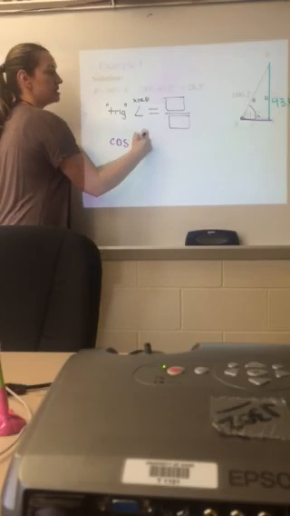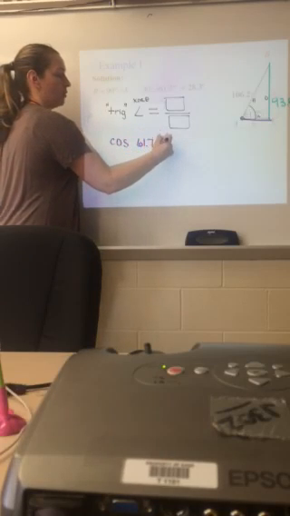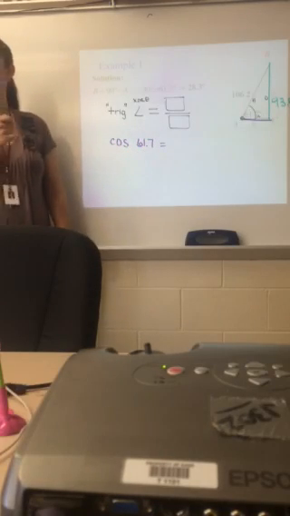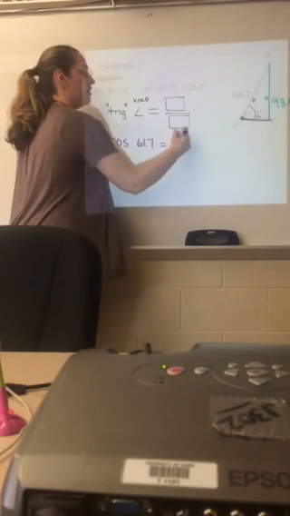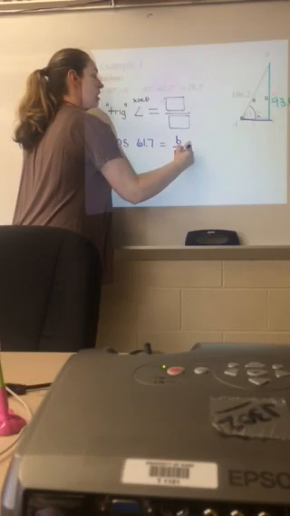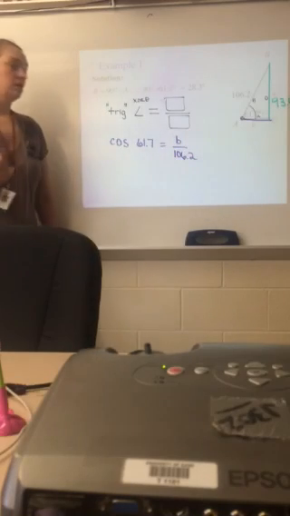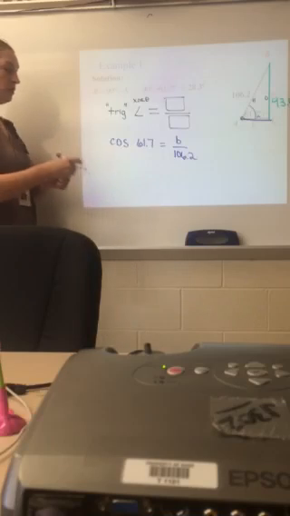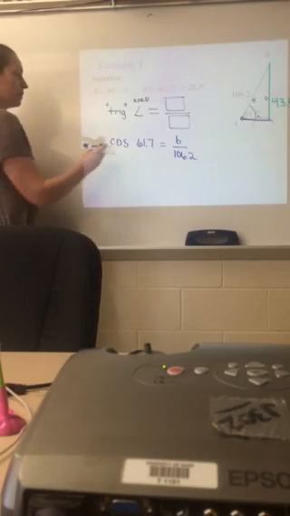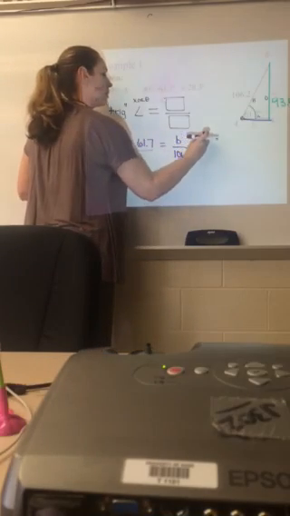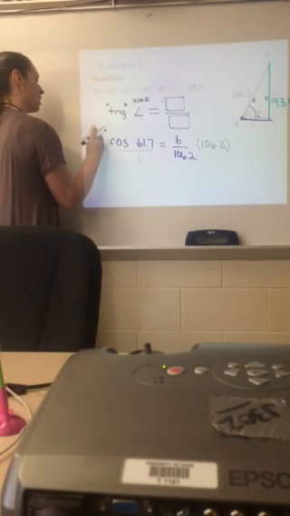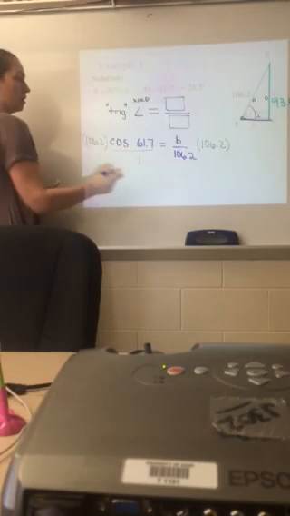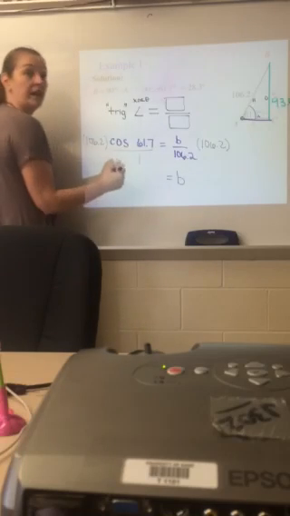So I'm going to say the cosine of 61.7 is equal to the adjacent side over the hypotenuse. If I'm going to solve for B, what do I get? Multiply by 106.2. 15 point.